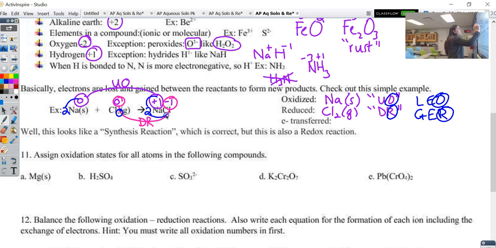And then don't forget, you have to distribute that 2, so it's actually 2 Cl's going to -1. So it's 2 times -1, which is -2. So it went from 0 to -2, which means chlorine gained 2 electrons, okay? So sodium lost 2, chlorine gained 2, which makes this all balanced and everything equals out.